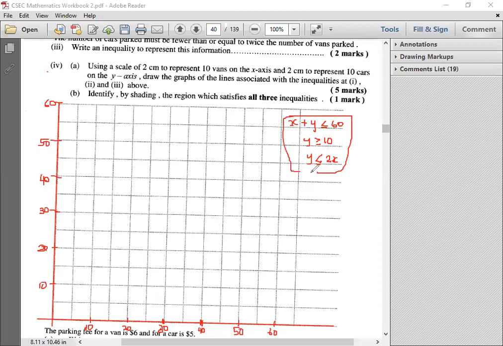Now, the first one is a line running from 60 to 60.